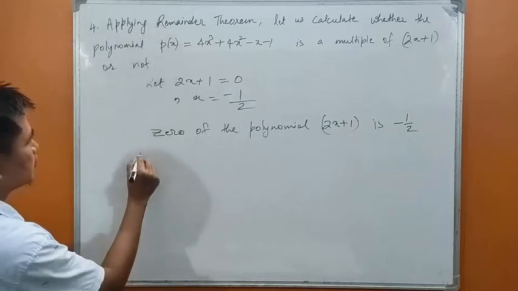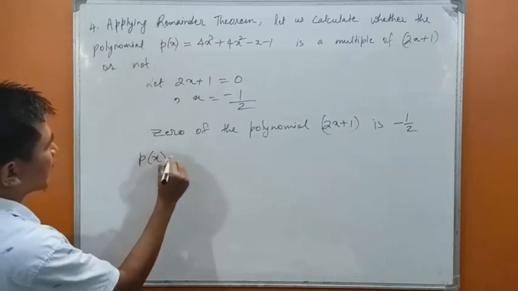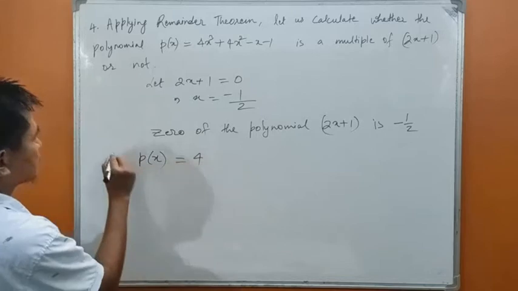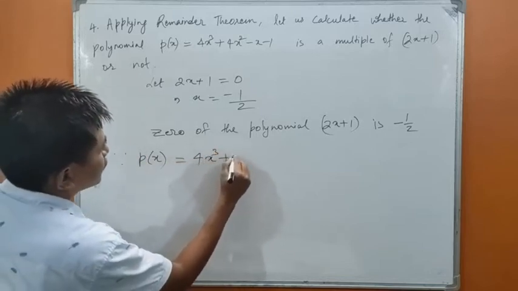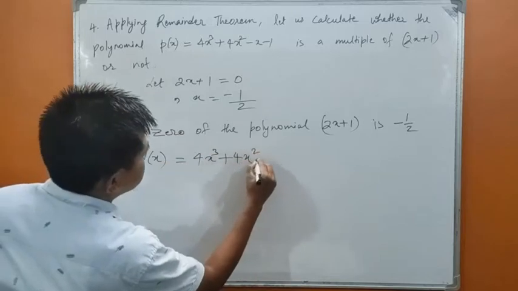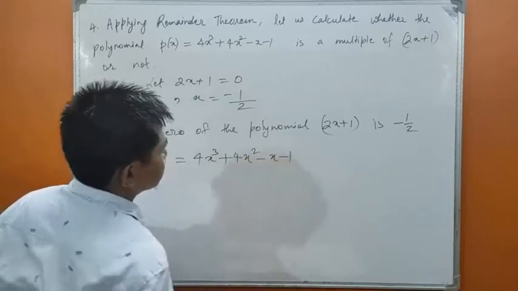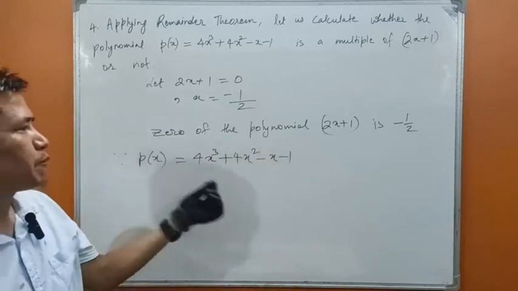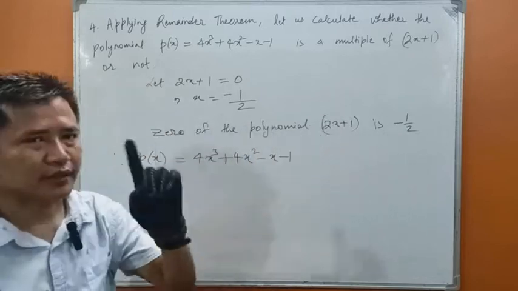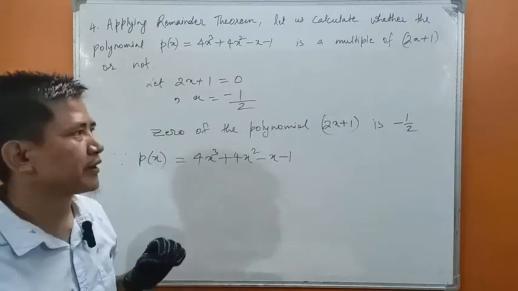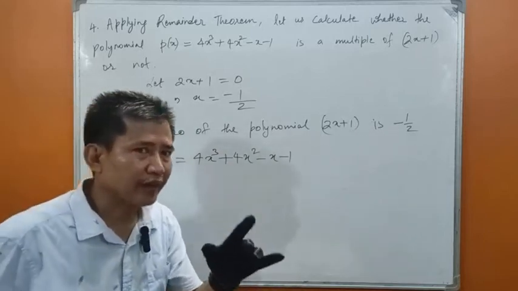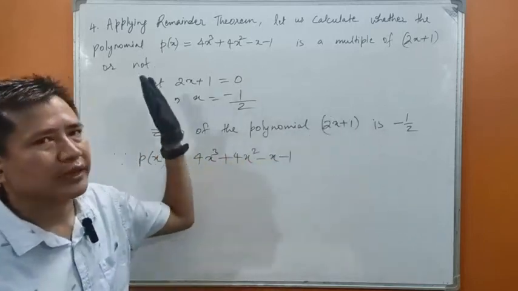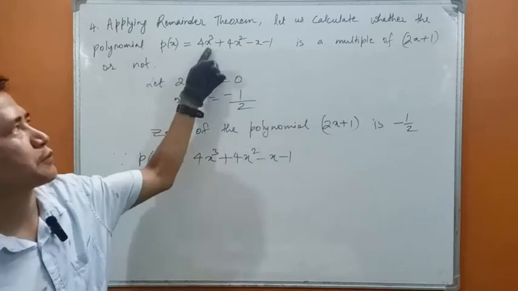We need not suppose p(x), there is already p(x). Since p(x) equals 4x cubed plus 4x squared minus x minus 1, now if p(minus 1 upon 2) is the remainder by applying the remainder theorem, and it comes 0, then we can say 2x plus 1 is a multiple of this expression.